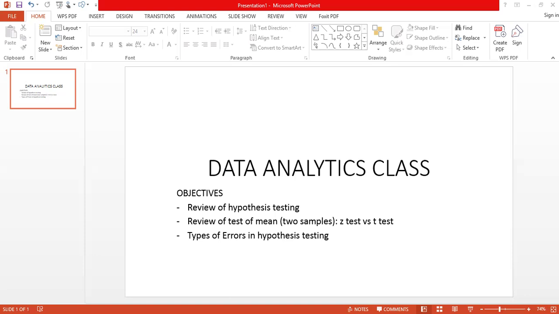H0 is retained or accepted even though it is false. That's type 2 error. When H0 is retained, even though it is false.